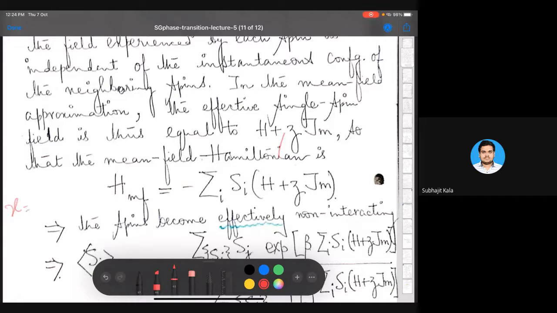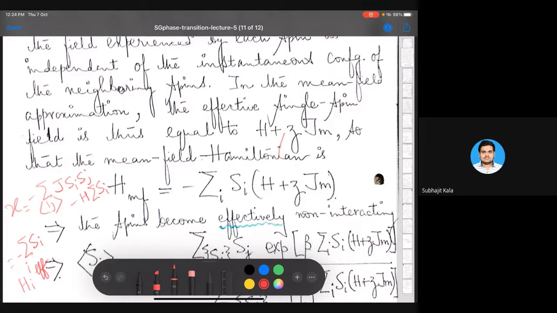H is equal to minus summation over i of s_i times h_i effective, which you can trivially write.